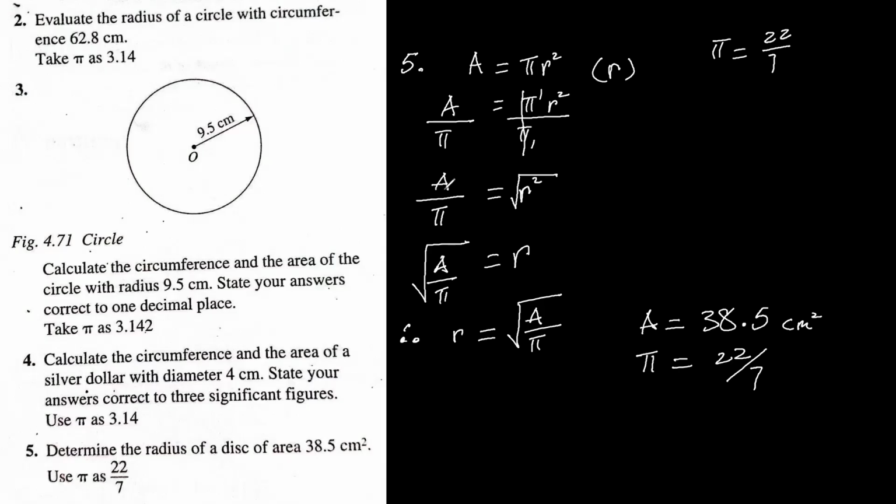Very easy. It means that you have to work out the square root of A over pi. I don't know if I explained that well.